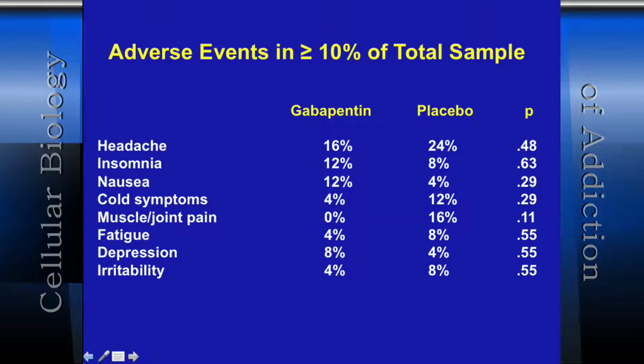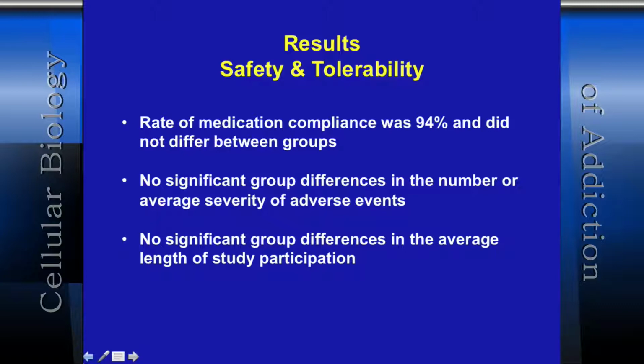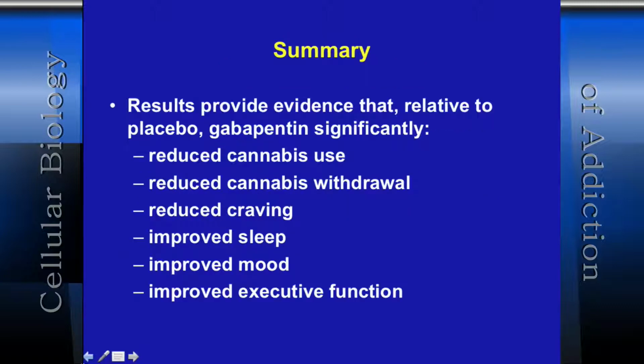It was very well tolerated. The drug didn't differ from placebo. The rate of medication adherence was quite high. No differences in the length of study participation. So overall, we found that relative to placebo, gabapentin significantly reduced cannabis use. Withdrawal symptoms, especially the ones involving craving, sleep, and mood, improved, and there was a signal in improving executive function.